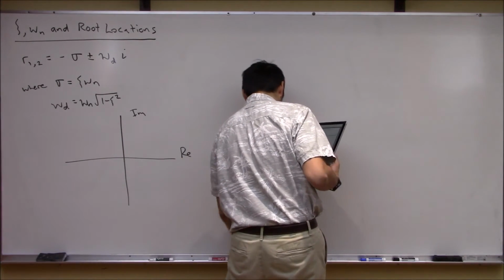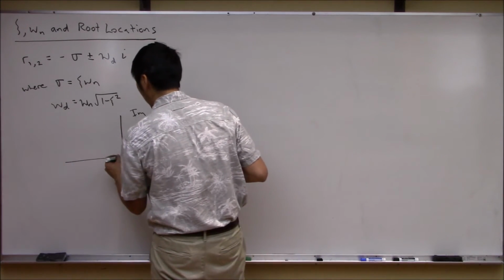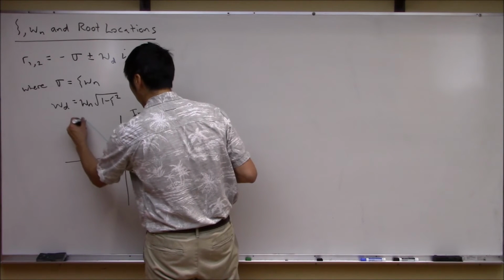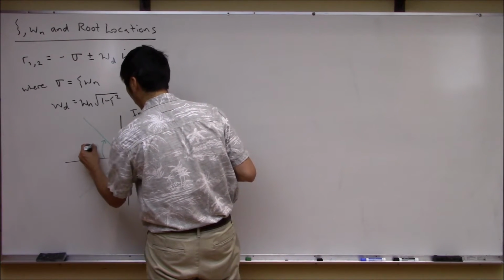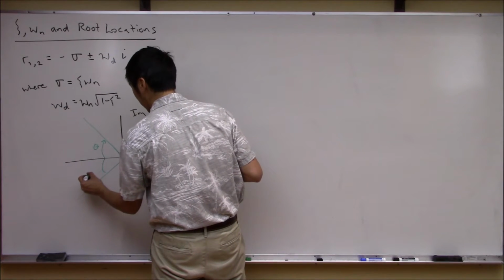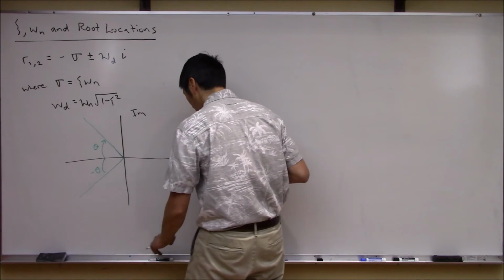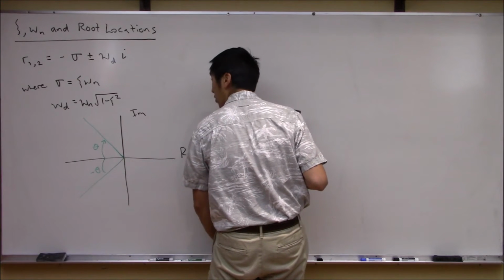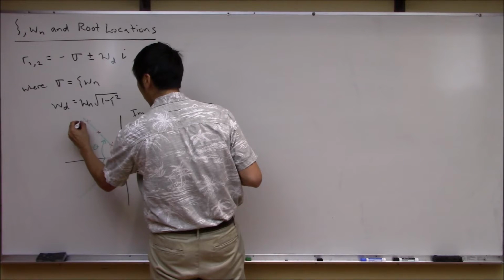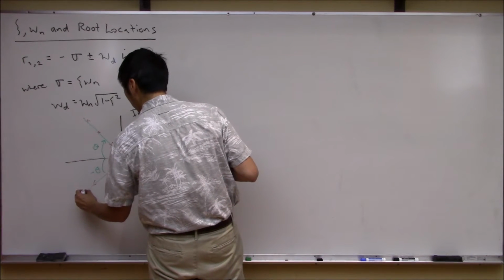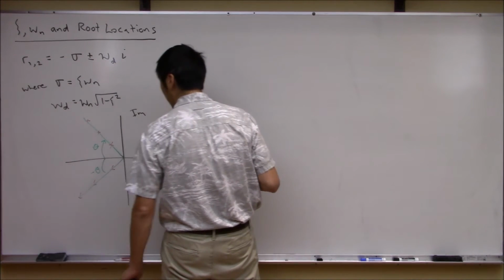Let's consider a line that originates from the origin and goes up and down like this, and both of these have an angle theta, or technically minus theta for the lower one. Let's consider root locations R1 and R2. What if they're lying along these green lines? What is going to happen in that case?